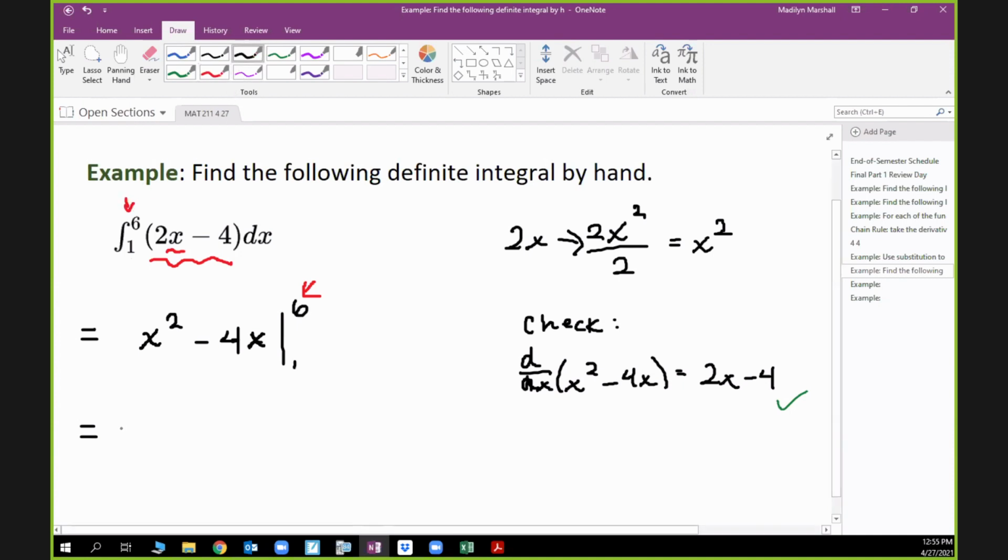So that 6 is going to be what we plug in first. And that's going to subtract the same thing with the 1 plugged in. And here's another important point. The whole thing with the 1 being plugged in is being subtracted. So we need parentheses around all of that.